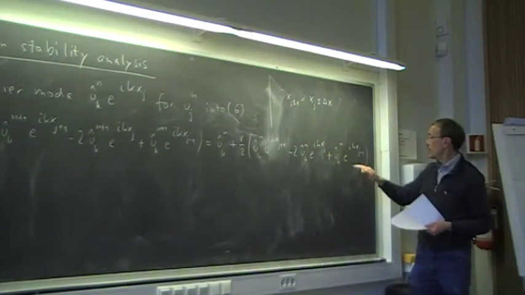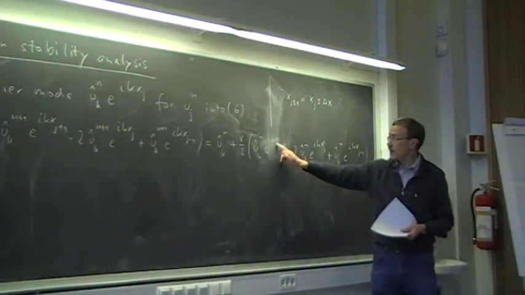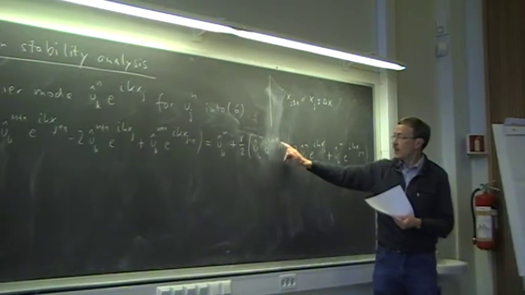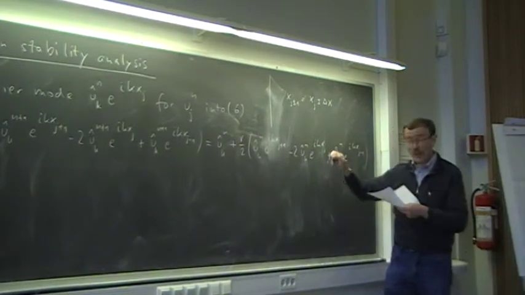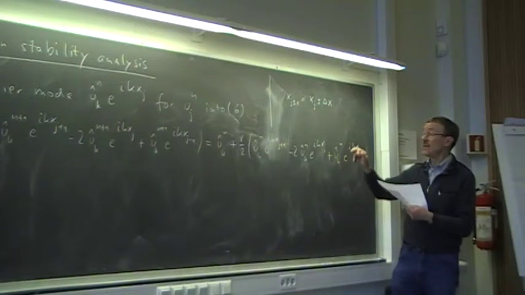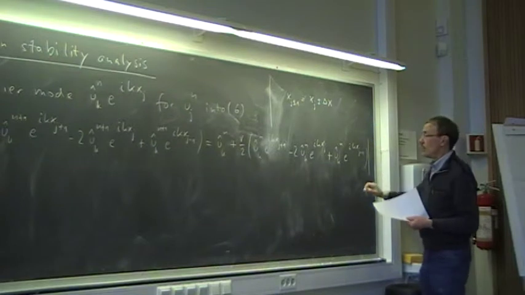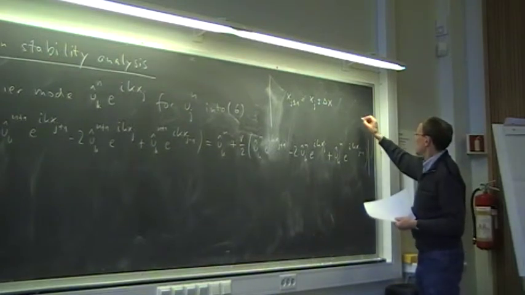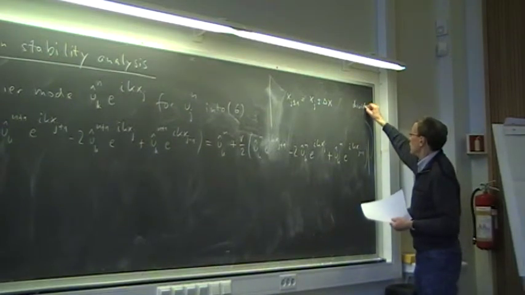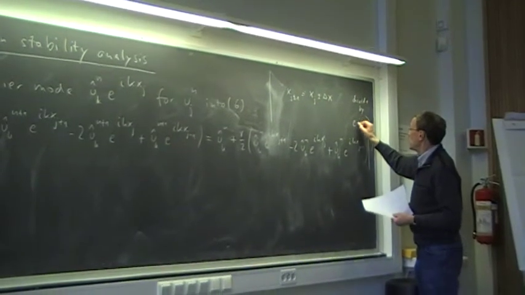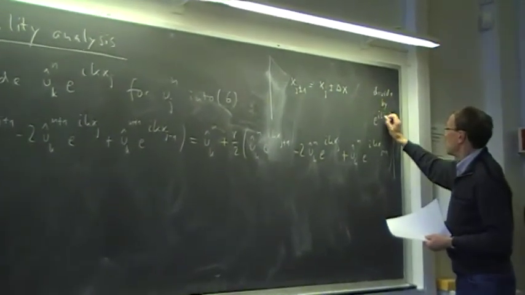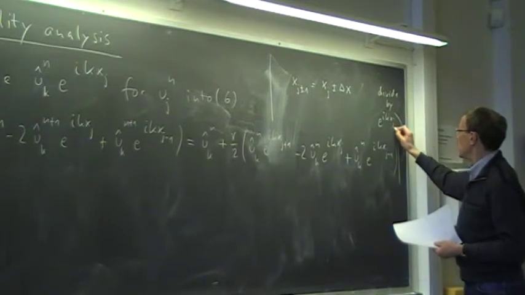So then we can, for example, express this as e^(ik x_j) times e^(ik delta x). So that is now used, so we divide the whole equation by e^(ik x_j).